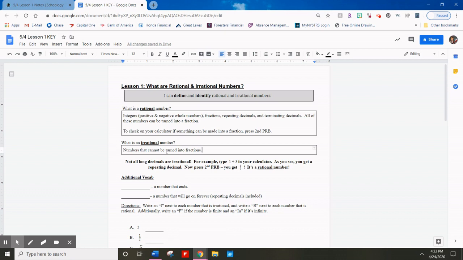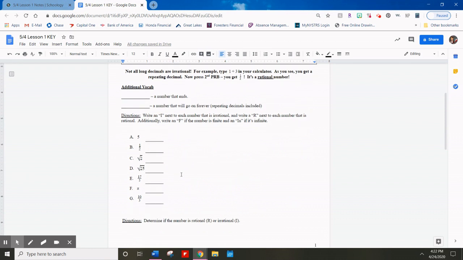Also keep in mind that not all long decimals are irrational. For example, if you type in 1 divided by 3 in your calculator, you get a repeating decimal, 0.33333333 going on forever. Then when you press second PRB, you should get 1/3. Therefore, it's a rational number because it was able to turn into a fraction.